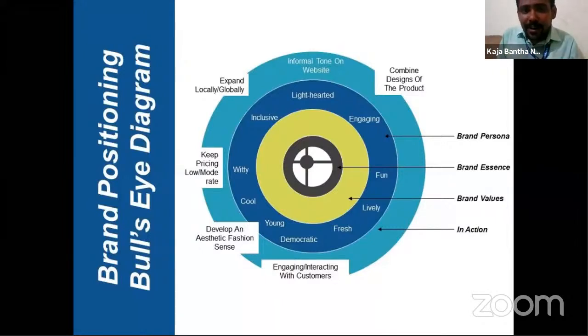Okay. So what strategy are the companies following? Keep pricing low, moderate rate, interact and engage more customers, developing fashion sense. Some companies are organizing a lot of awareness programs, different types of programs.